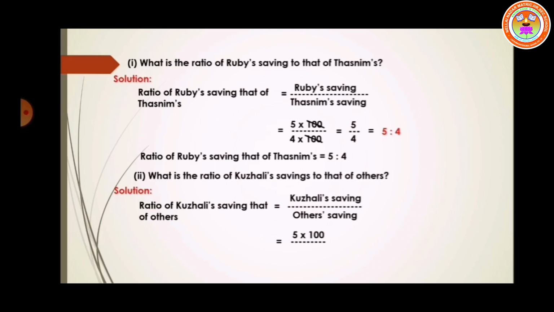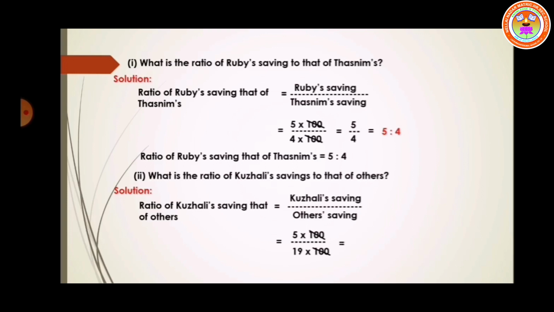Except Kulali, the others are: Ruby has 5 piggy banks, Malarkodi has 7 piggy banks, Dasneem has 4 piggy banks, Inia has 3 piggy banks. The total is 19, so 19 into 100. 100 gets cancelled.